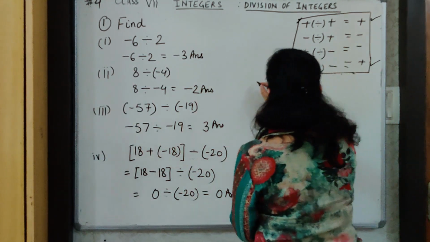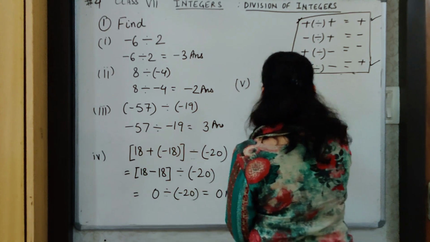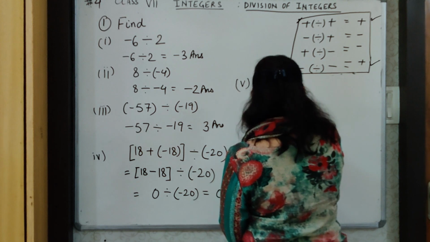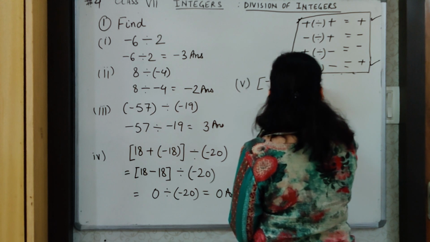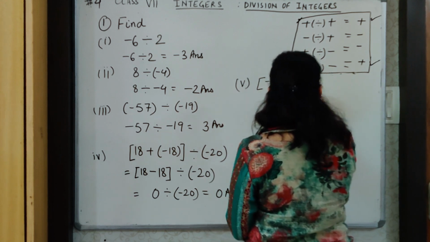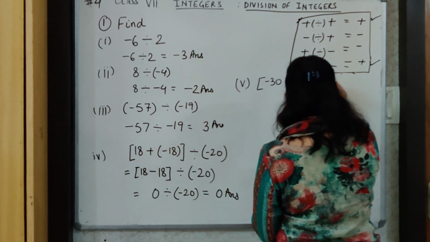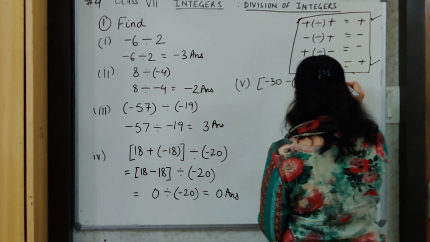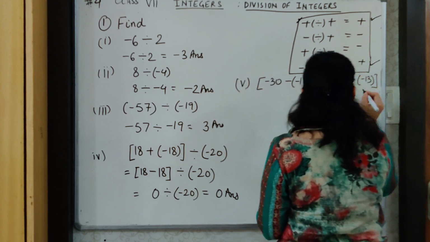Alright, so the next question we are taking up is a slightly bigger question: minus 30 minus [minus 18], both the brackets closed, divided by [19 plus minus 13].